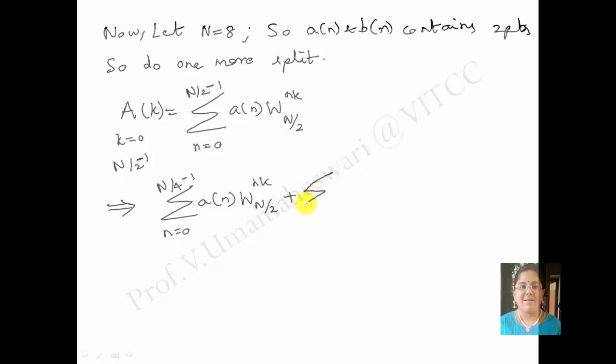As usual, second term will have the limits n equals n by 4 to n by 2 minus 1, a of n, w n k to the base n by 2. Same as before, we have to change the limits for term 2 to combine term 1 and term 2. So as usual, put m equals n minus n by 4.